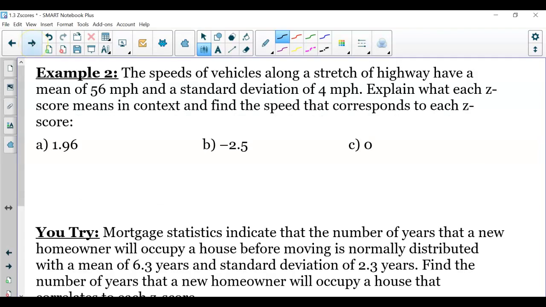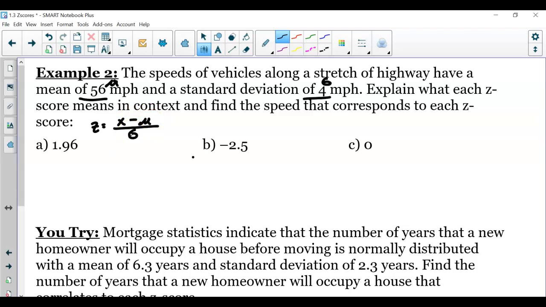Now going the other direction, we're still using that same mean of 56 miles per hour and standard deviation of 4 miles per hour, but now you're given the z-score and we're going to find the speed. So again, z-score is equal to the x, what we're trying to convert, minus the mean divided by standard deviation.